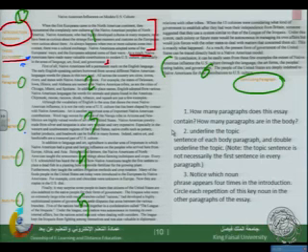Let us move to the second question. It asks you to underline the topic sentence of each body paragraph and double underline the topic. Again, the topic sentence usually comes at the beginning of each paragraph, but not always, usually. Okay?